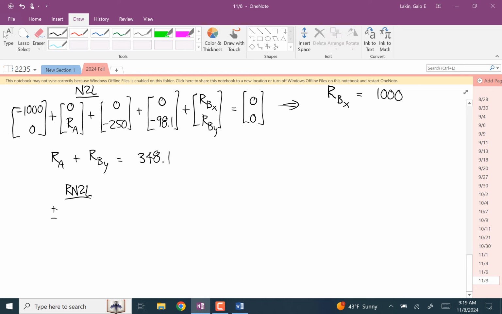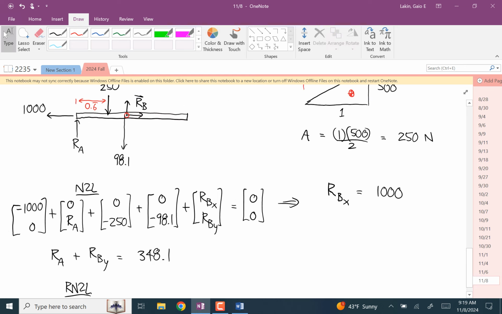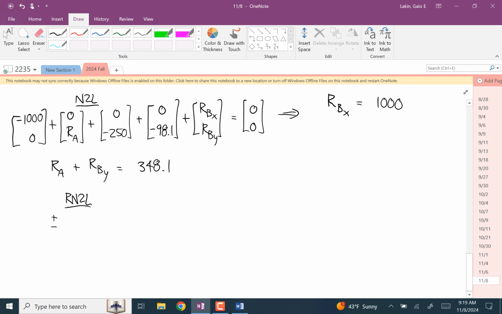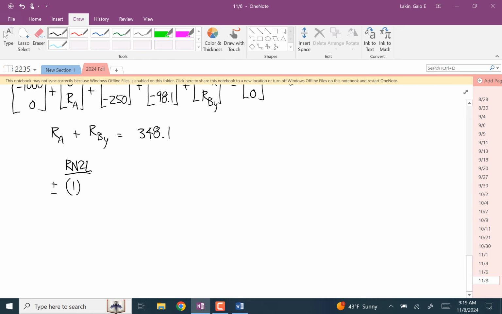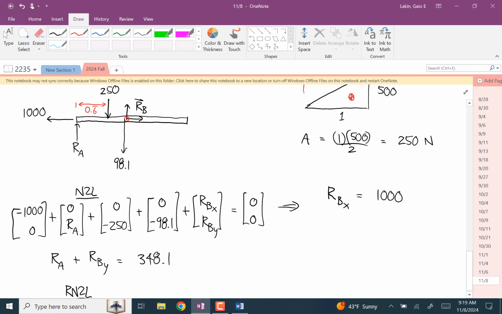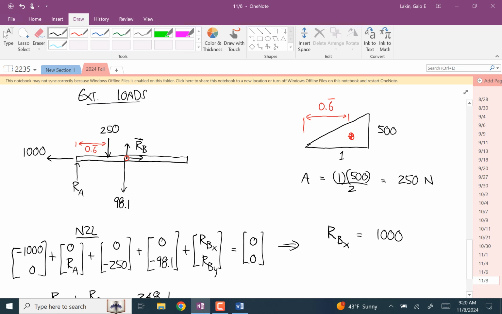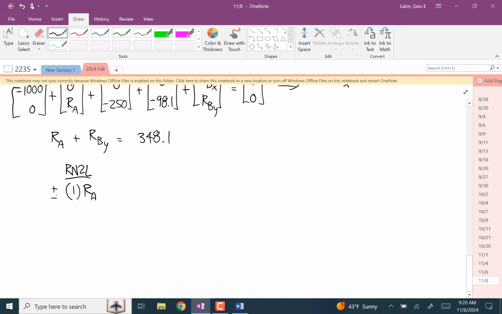If we're doing it this intuitive way, we'll think of all the moment arms as positive, and then think about the direction of rotation for the sign. So that's going to be 1, the moment arm, and that force is RA. Now is that rotation clockwise or counterclockwise around the center? Clockwise, so we'll take the negative.